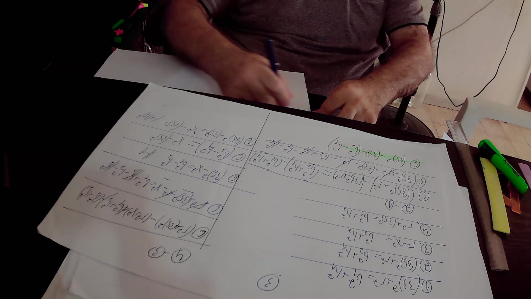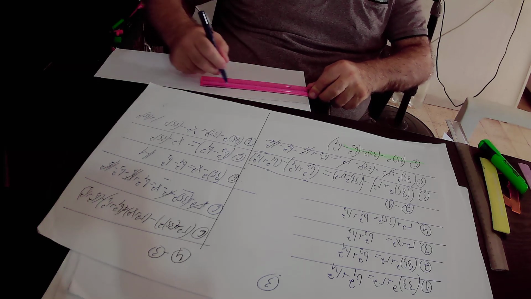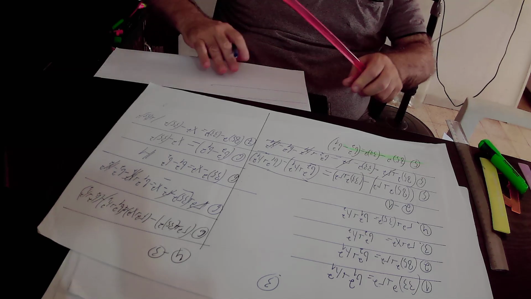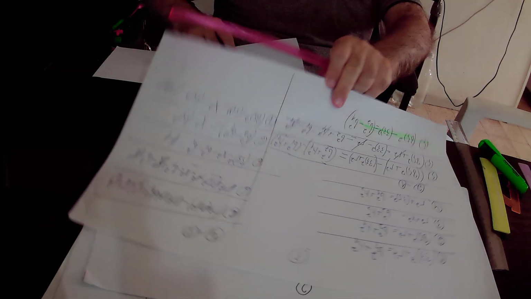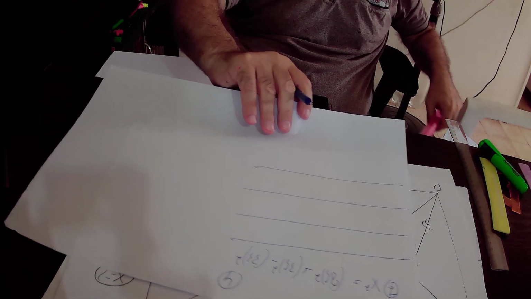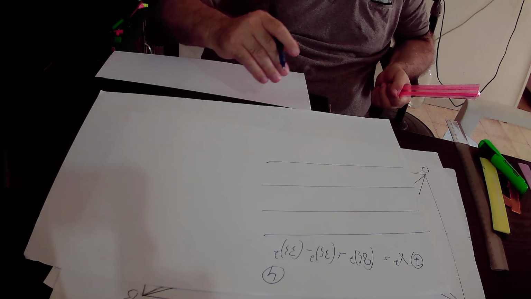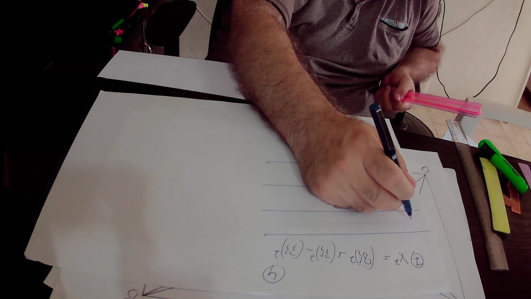Repeat again, we found out that according to equation number 7, x squared equals 85 squared plus 35 squared minus 33 squared.